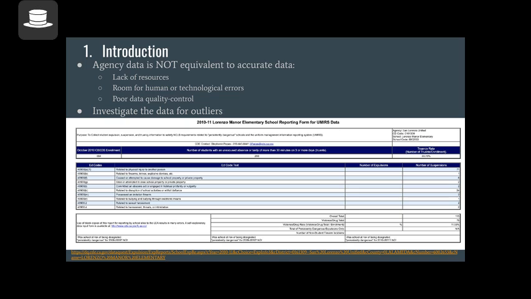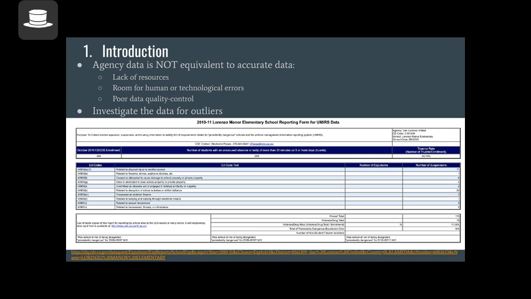What it said was that in the year 2010 and 11, this particular school reported that they suspended 306, almost half of the students, for bringing guns to school. I mean, that doesn't sound right, right? And later it was found that's clearly an outlier.